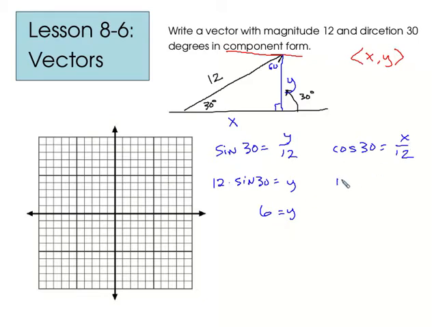Our x direction is going to be 12 times cosine of angle 30, and we could type that into the calculator and get a decimal version of it, or we could remember that in a 30, 60, 90 triangle the 60-degree side, the side opposite 60 degrees, is the 30-degree side times the square root of 3. So 6 times the square root of 3.